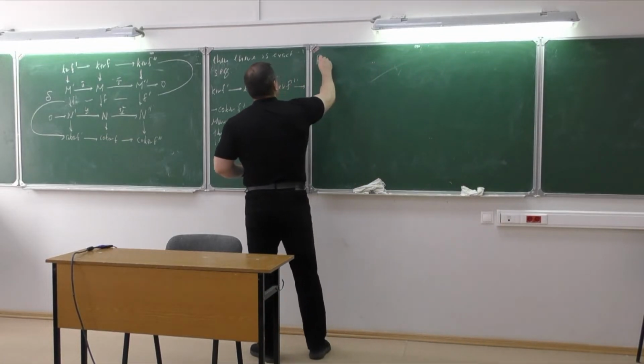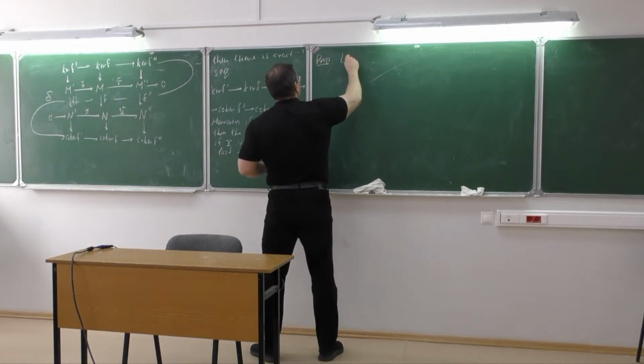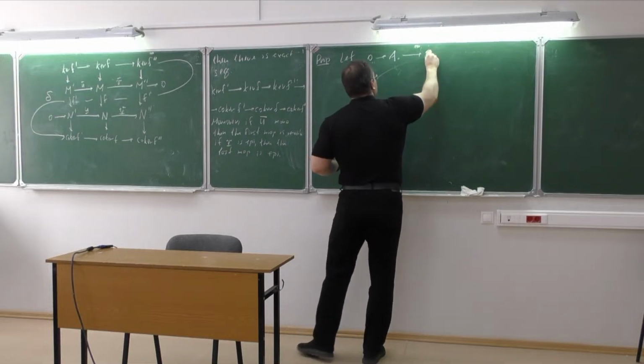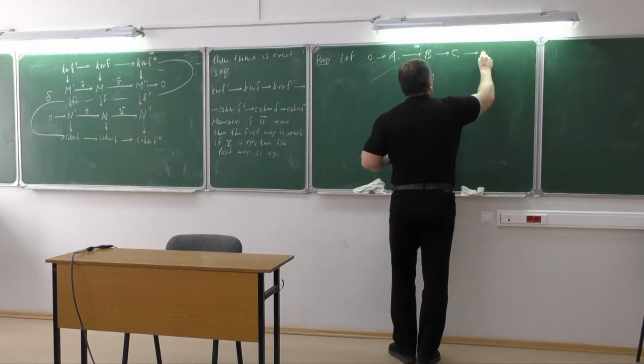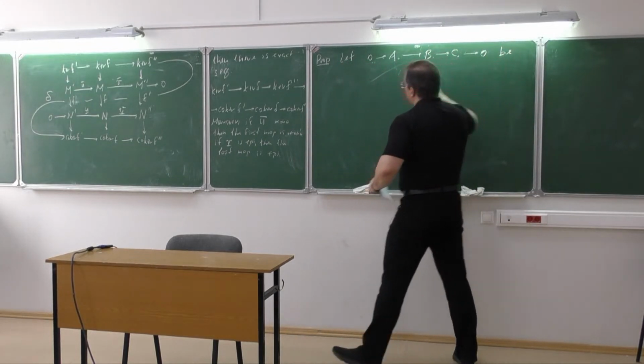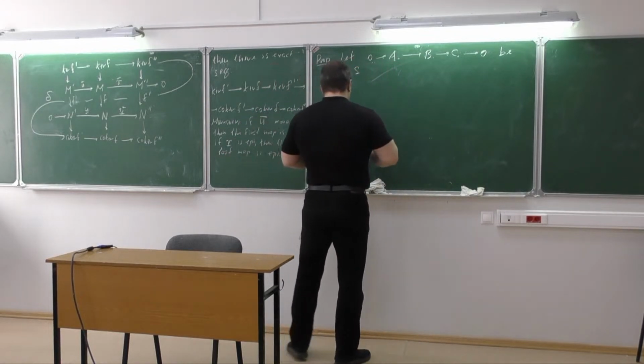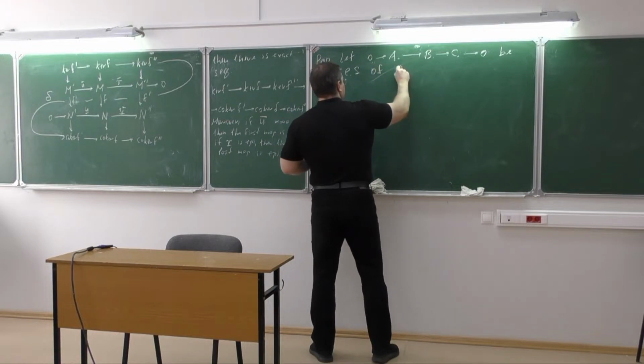So, proposition: let A, B, C be a short exact sequence of chain complexes.